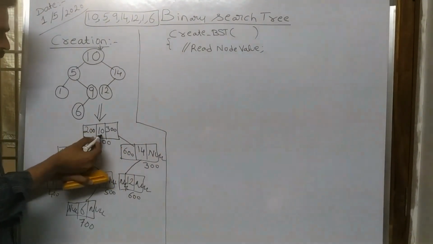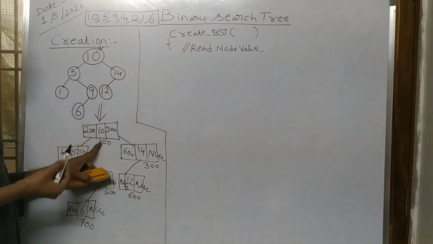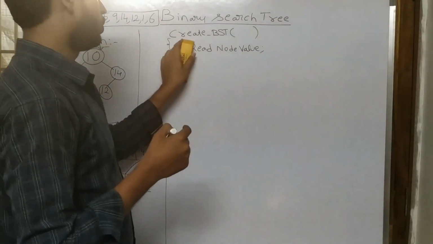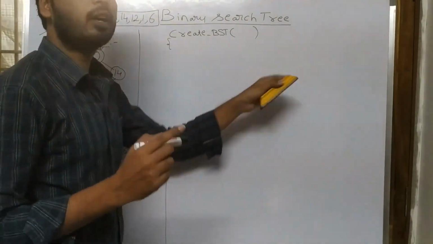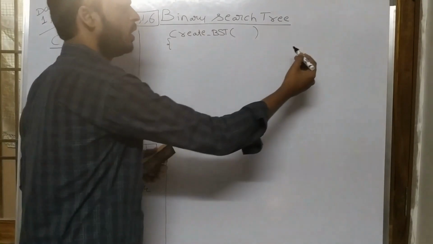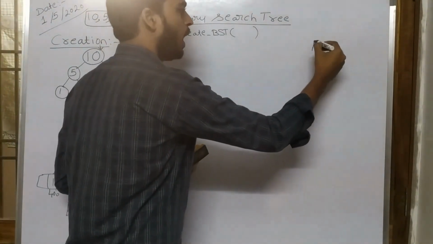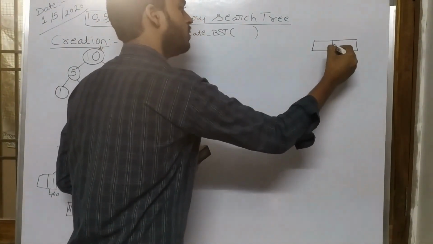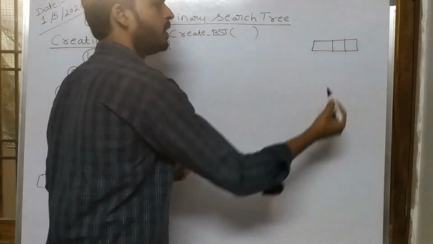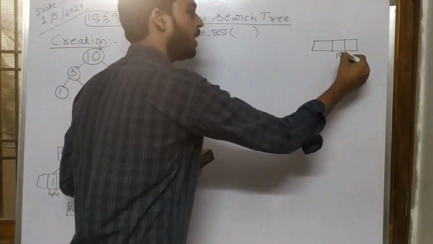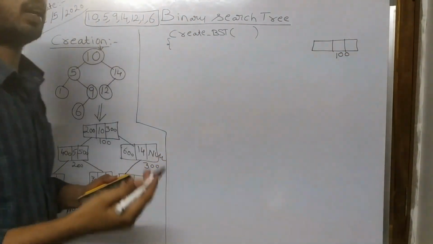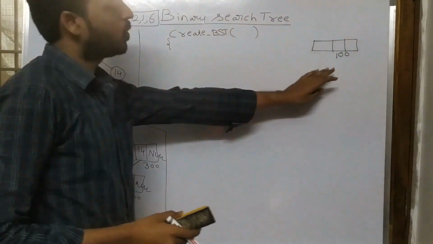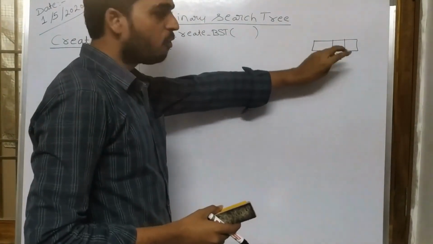To which location do I need to load the value? I need to load it into one particular node. So before reading the node value, first we need to define one memory location for that. That memory location address is 100, just as our assumption, for simplicity. First we need to create a node with 3 fields, right?